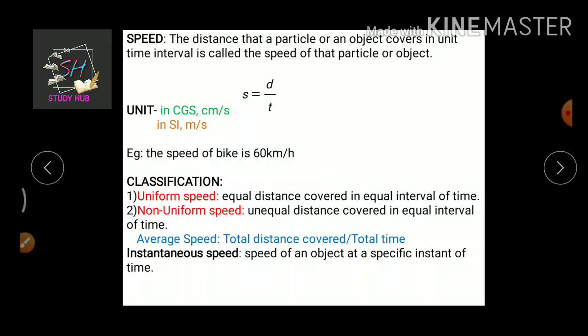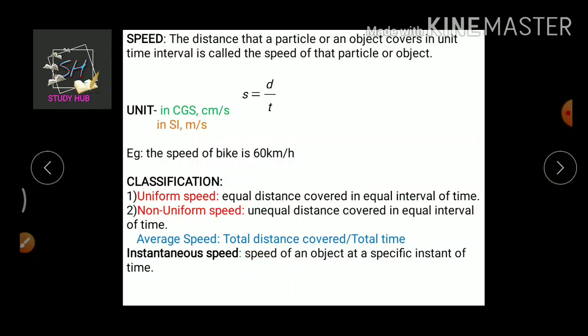That means the particle is covering equal distance in equal interval of time. Here equal interval means 1 second interval. In 1 second interval the particle covered 1 meter distance always. So here the particle has uniform speed.